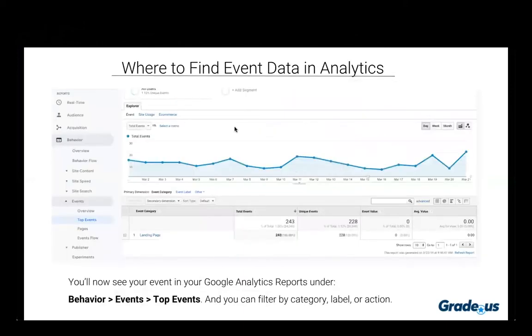And so when you're in your Google Analytics now, when you come over to the behavior section and you come under events and you see your top events, this example has a landing page, but if I was using the example that I just created, it would say 5-star rate, or it would say star rating under category. If I went to the event label and clicked on that, then it would say 5-star rating.